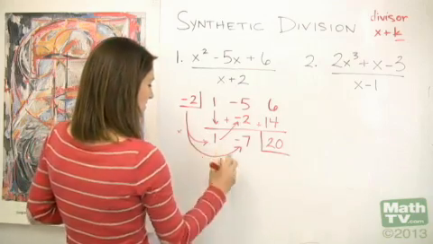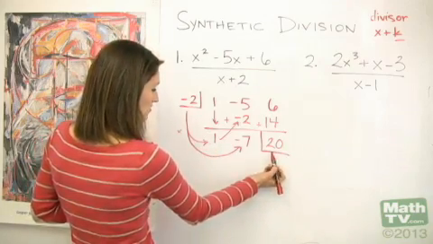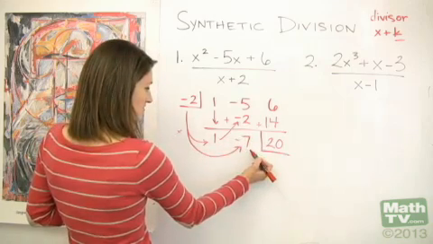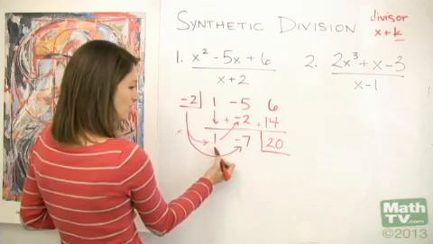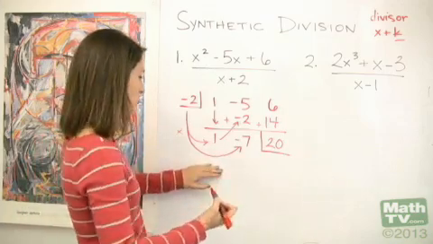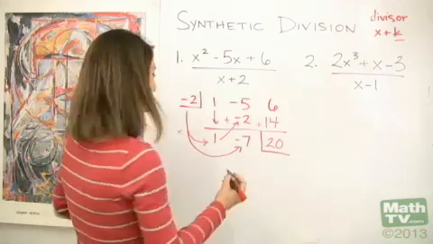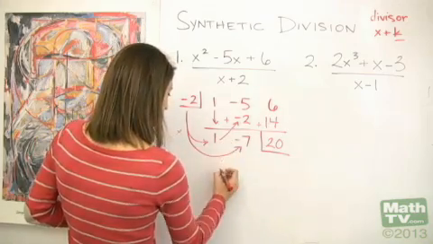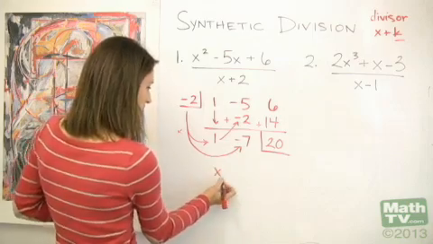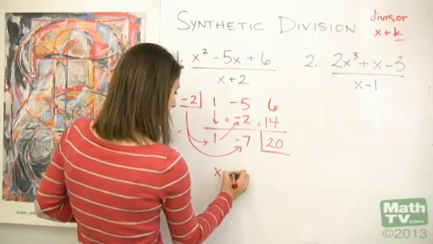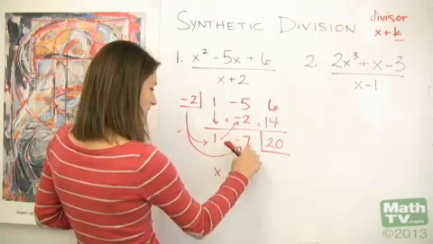So we can write this, since this is our remainder, the negative 7 is our constant in our answer, and our 1 is a coefficient to our x term in our answer. So let's go ahead and write that down here. So we have x, so the 1 is here, and then we have minus 7, because that's what we got here.